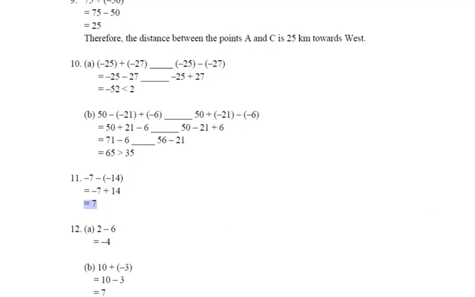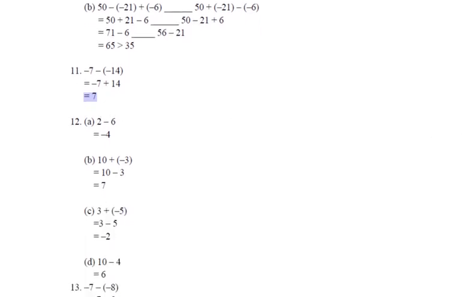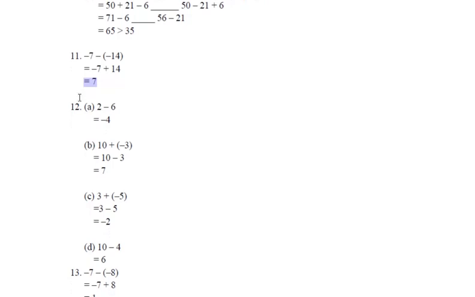And now question number 12. It has got 4 parts, A, B, C and D. Now here you have to write a pair of integers whose difference is minus 4, sum is 7, sum is minus 2, difference is 6.